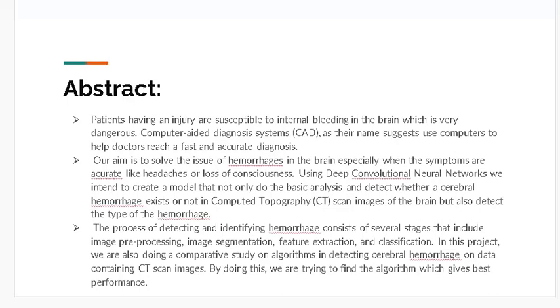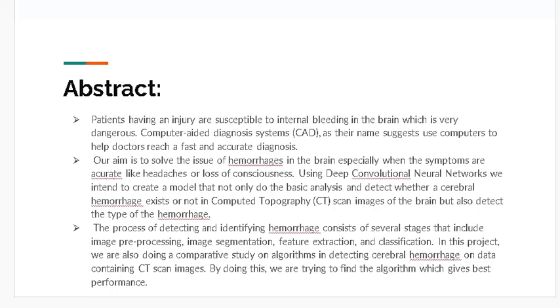Using deep learning convolutional neural networks, we intend to build a model that not only does the basic analysis and detects whether a cerebral hemorrhage exists or not in computed tomography scan images of the brain, but also detects the type of the hemorrhage.